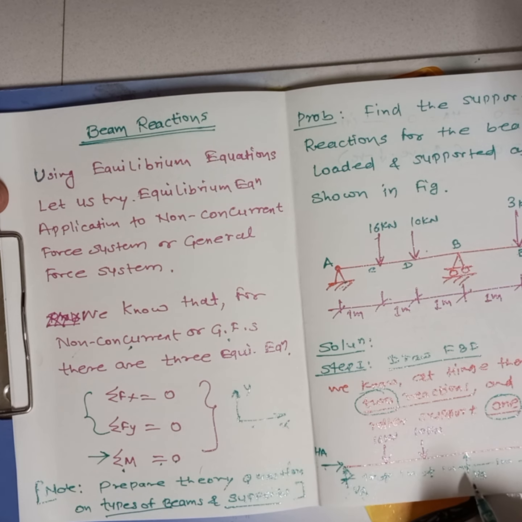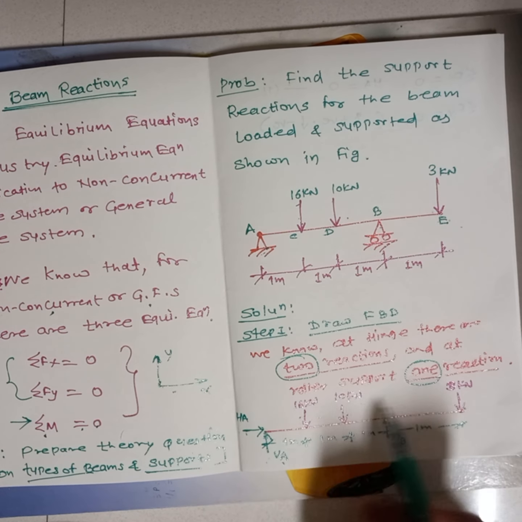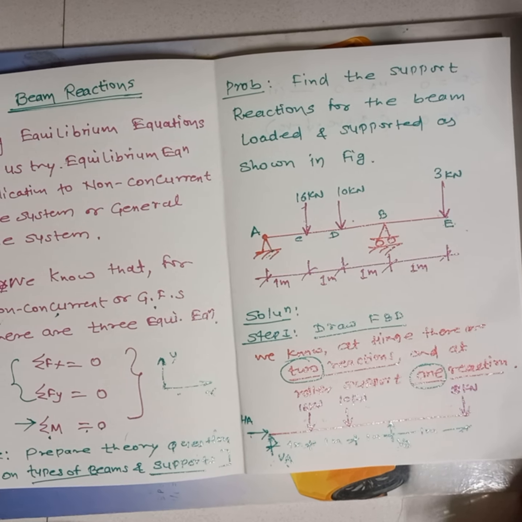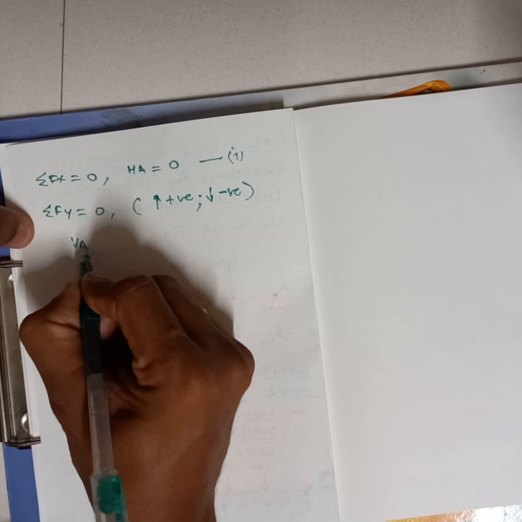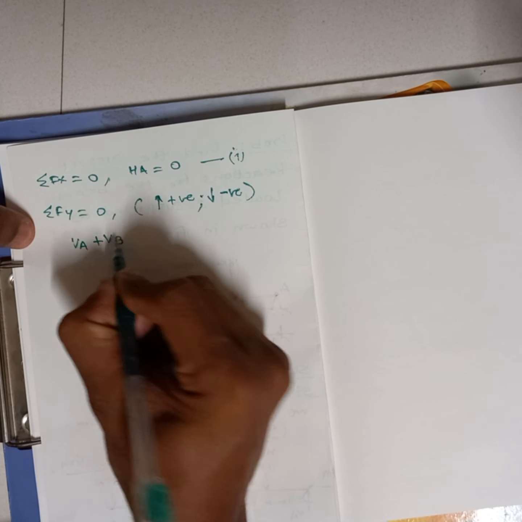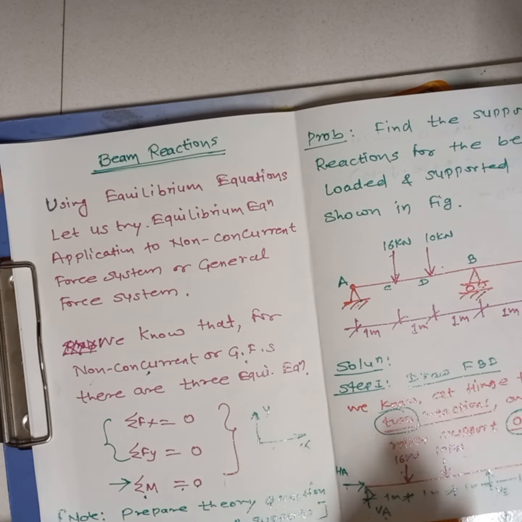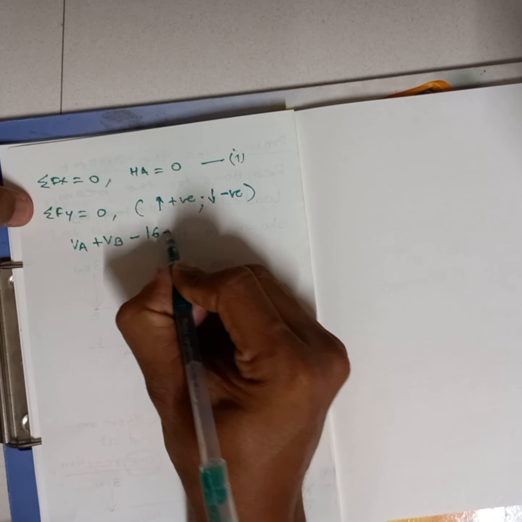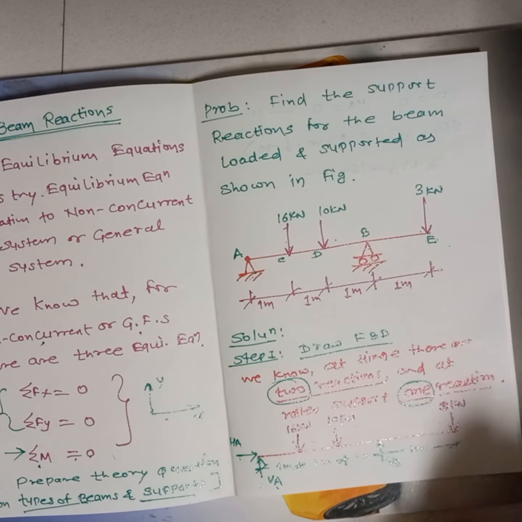So VA is upward, VB is upward, right? 16 kilonewton, 10 kilonewton and 3 kilonewton, all the 3 forces they are downward. So just add with their sign. So upward means positive, so VA plus VB, right, minus, because other forces are downward, so minus 16 minus 10 and then minus 3.